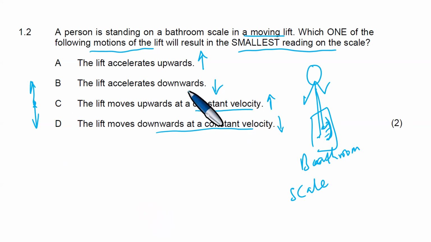So now, if it accelerates downwards, that will be downwards. Because if it accelerates upwards, then there are a couple of things that will happen. So here's the bathroom scale, and if it accelerates upwards, then there will be the force by the lift, because the lift is accelerating upwards.